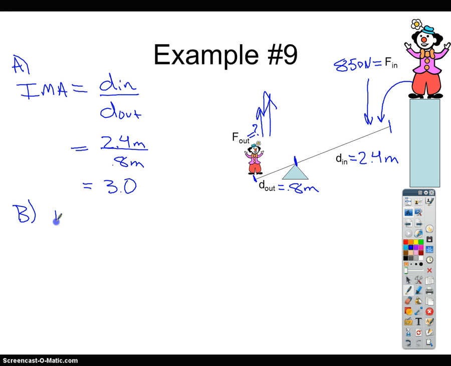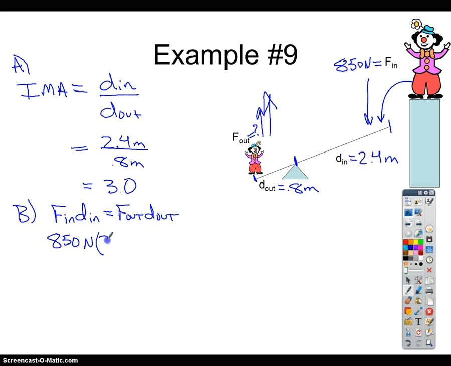The equation that we're going to use for part B is relatively simple. We know that through the conservation, the force in times the distance in should be equal to the force out times the distance out. And if you remember, force times distance is equal to work. We know the force in is the 850 newtons.